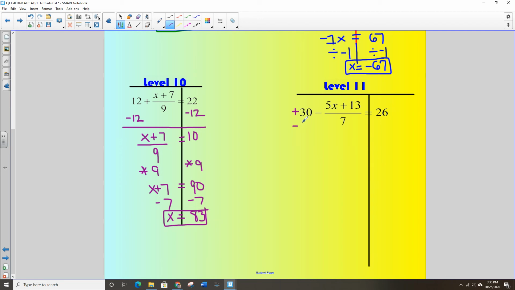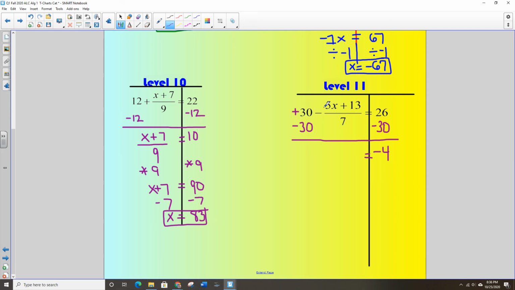The correct answer is I subtract 30. If I added 30, I'd end up with 60, and I'd still just have something sitting here. So now we're going to subtract 30 from both sides. And 26 minus 30, negative 4. Wow, even a negative answer going on in the last one.